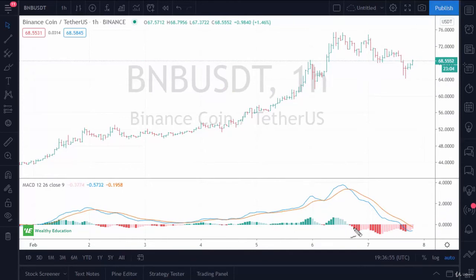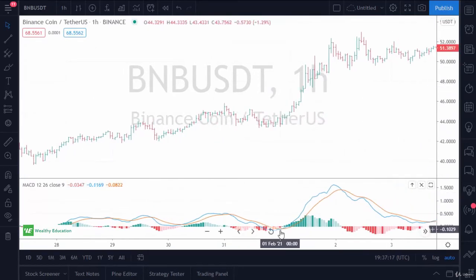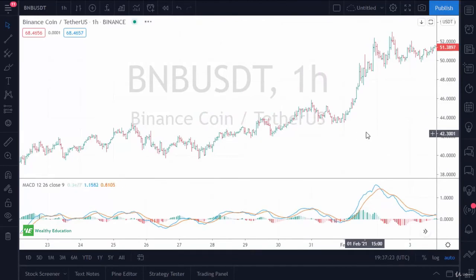Every time it turns red, you'd be a seller. Some people wait for a signal line to cross to the downside or upside to be a seller. So they might be a seller there, just as they would be a buyer here, because we crossed over the zero line with a cross shortly before it. And that's one of those confluence things. That makes quite a bit of sense.